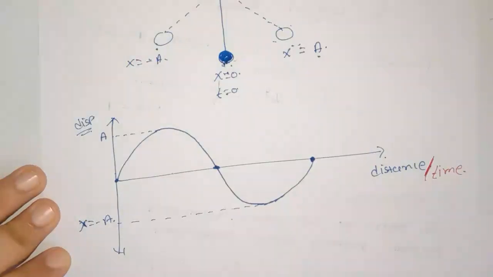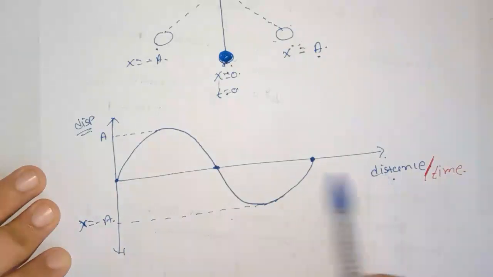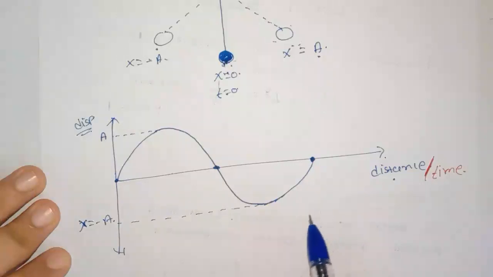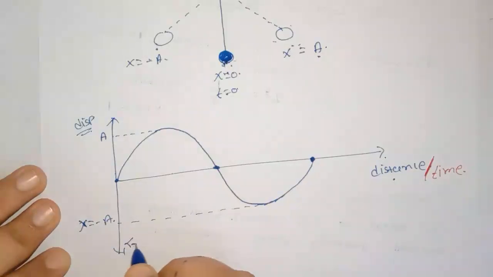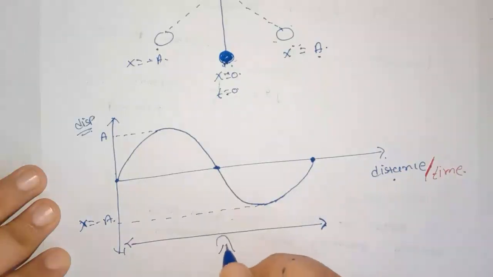If we have taken distance on the x-axis, then the distance traveled by the oscillating wave in one oscillation is called one wavelength. So this much distance will be wavelength lambda.